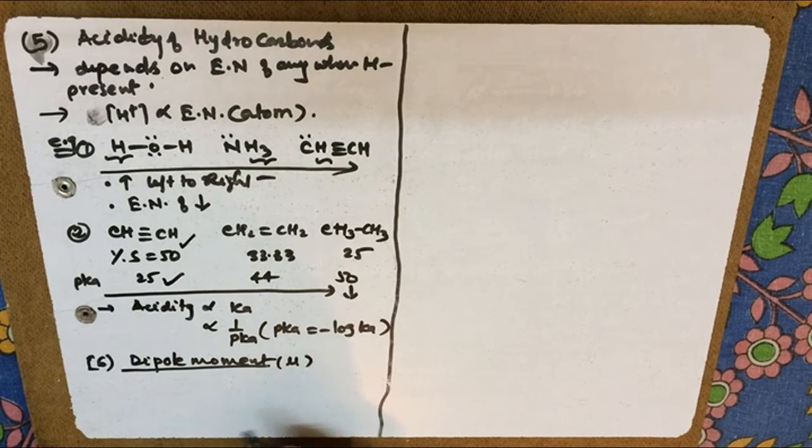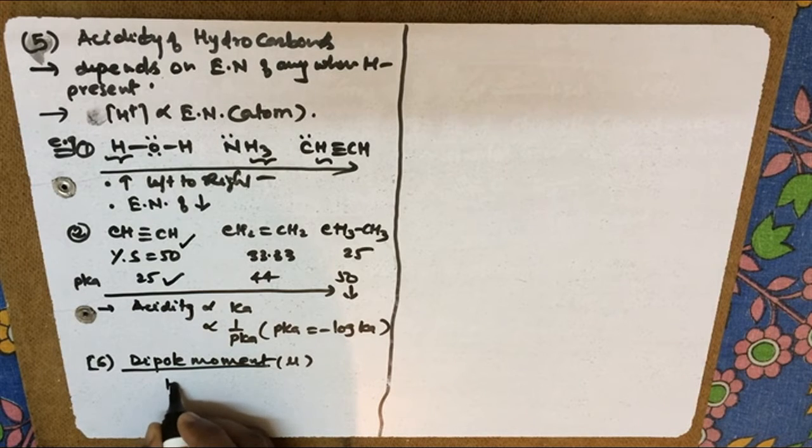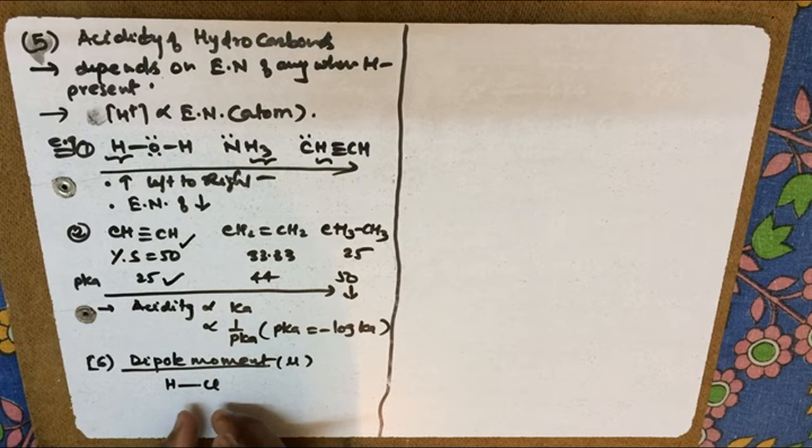Okay, so what is dipole moment? When two atoms, let's say H and Cl, of different electronegativity, are joined by a covalent bond, by sharing single electrons, the one which is more electronegative attracts the shared electron pair towards itself.